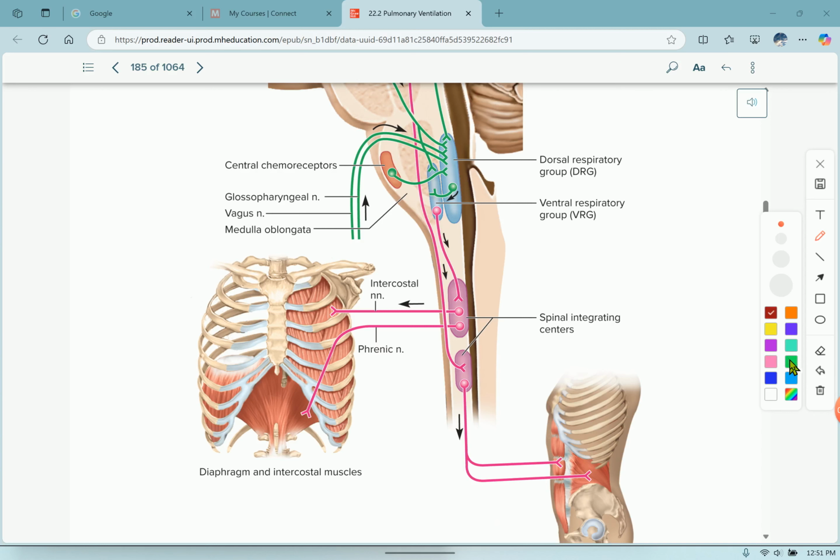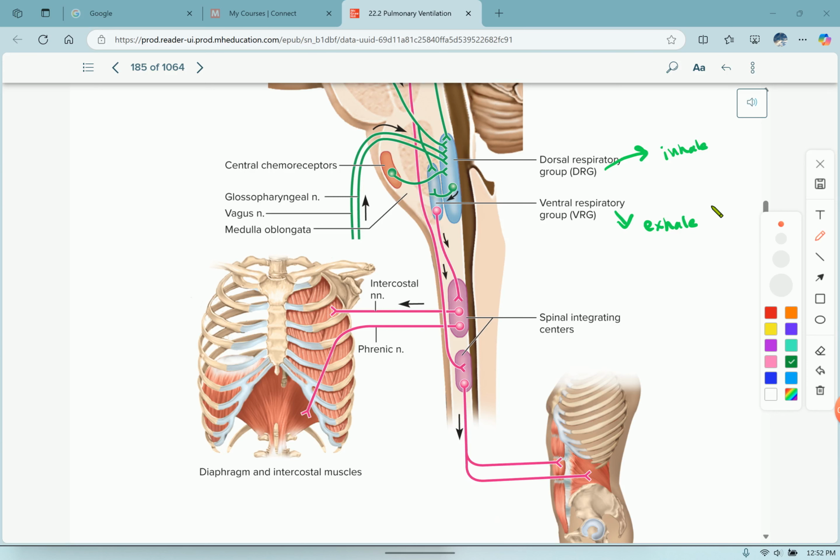All right, and here's what is pretty cool about the DRG and the VRG. Okay, the dorsal respiratory group is going to be responsible for inhale, and the ventral respiratory group is going to be responsible for exhale. Okay, if you notice, when you breathe in, you don't just keep breathing in.